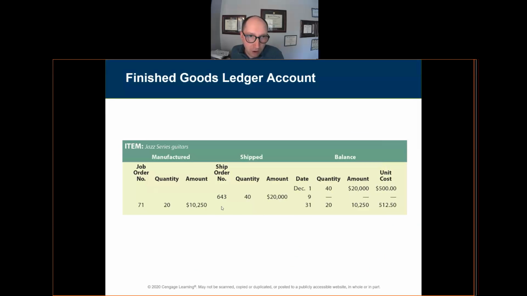Here's an example of the finished goods ledger. It tells us the job order, the quantity, the amount. And then when we're getting ready to ship it out, we show the shipping order, quantity, amount, and so forth.